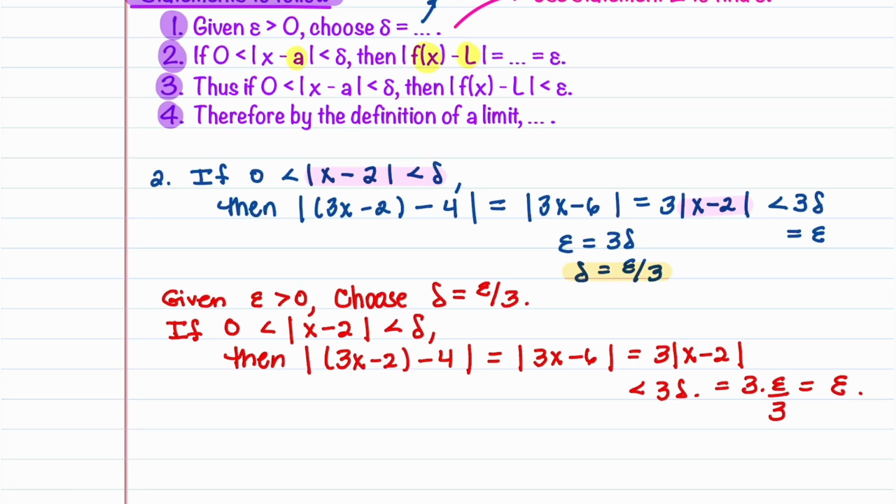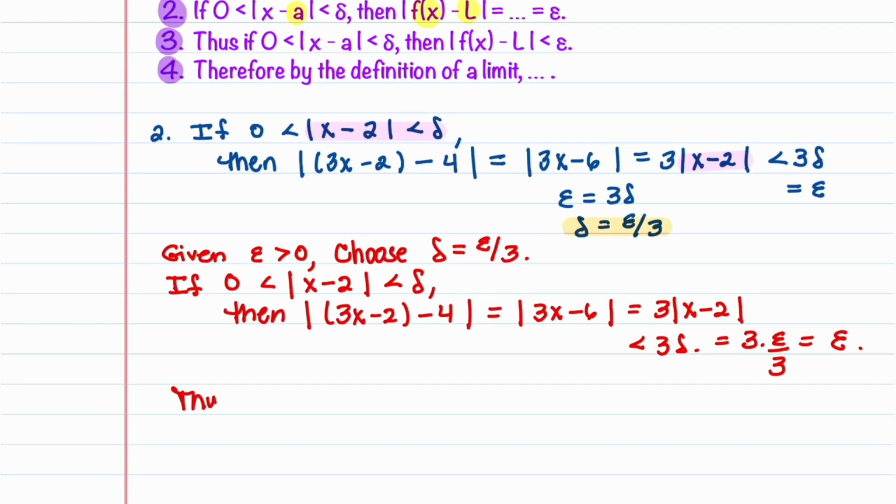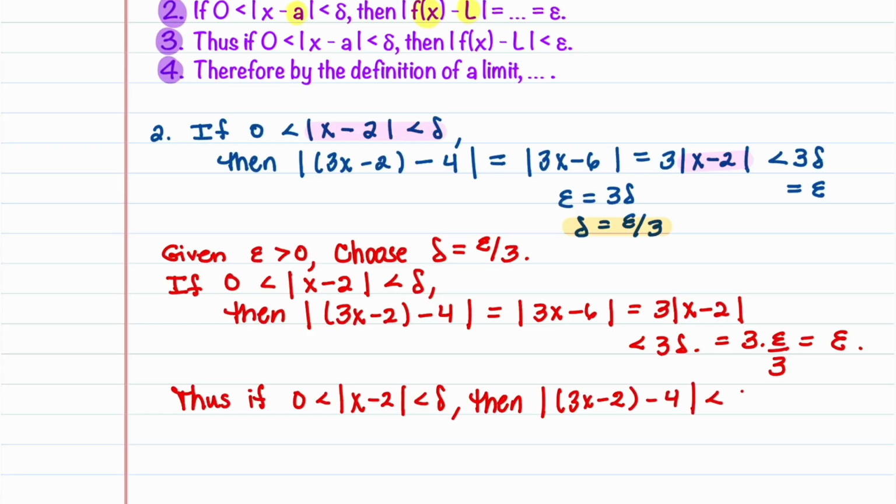Now let's look up at statement 3, starts with a thus. So we're going to write down thus, if 0 is less than the absolute value x minus 2 is less than delta, then the absolute value 3x minus 2 minus 4 is less than epsilon, period. One more. Let's look up at statement 4.